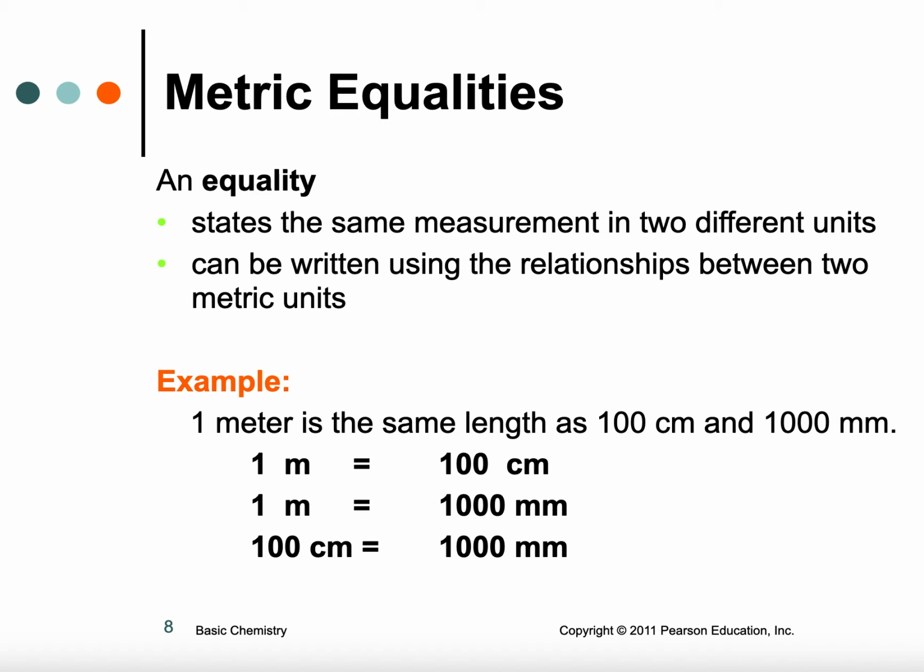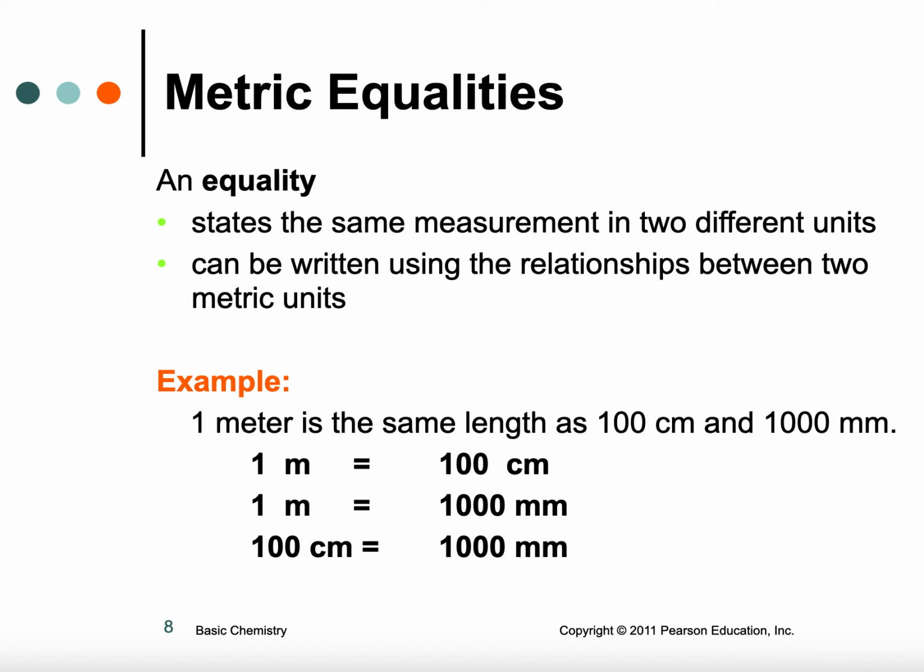Now, an equality, if you remember, is just two things that are equal to each other. So if centi means 1/100th of something, that means there are 100 smallers in a bigger. So there are 100 centimeters in 1 meter.